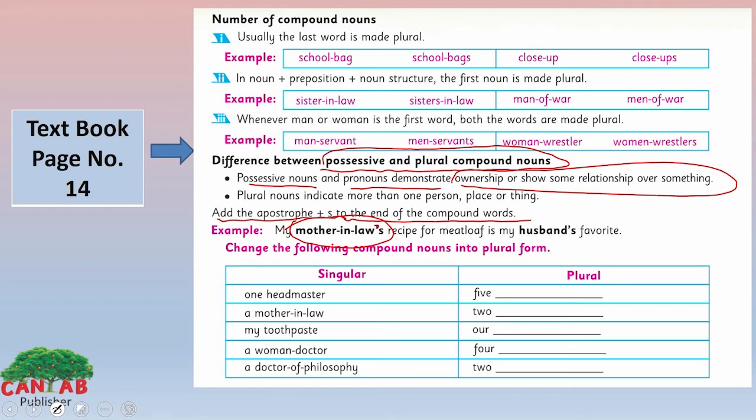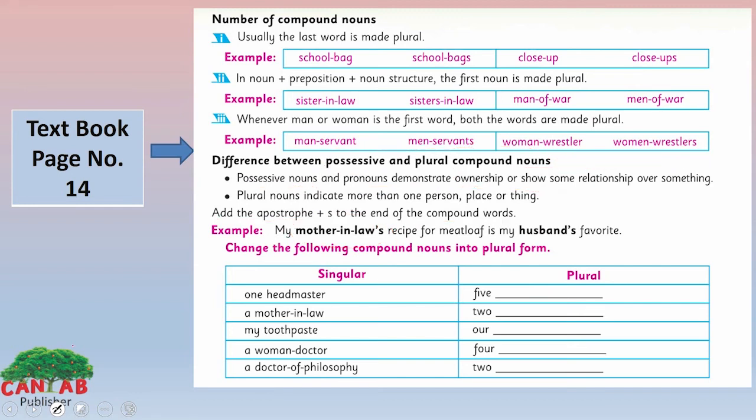My mother-in-law's recipe for meatloaf is my husband's favorite. Here, the husband is singular, so we will add apostrophe and s to show the relationship. It is his favorite. The meatloaf is husband's favorite.